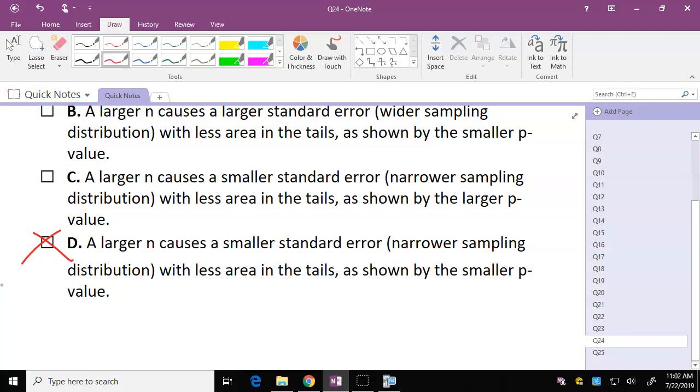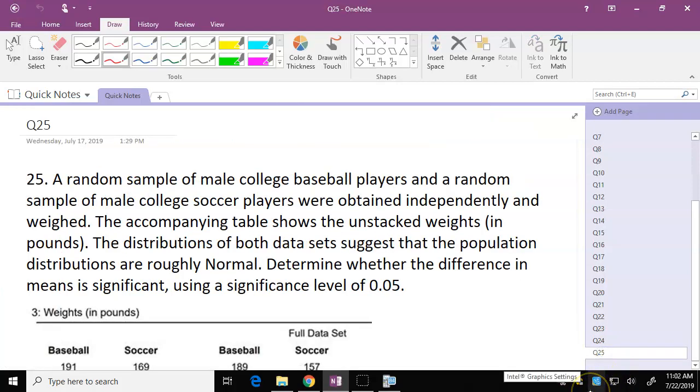Number 25 is coming from 9.5. Last question. It says a random sample of male college basketball players and a random sample of male college soccer players were obtained independently and weighed. The accompanying table shows the unstacked weights in pounds.